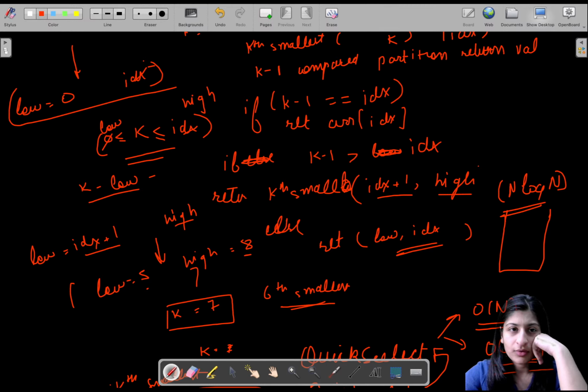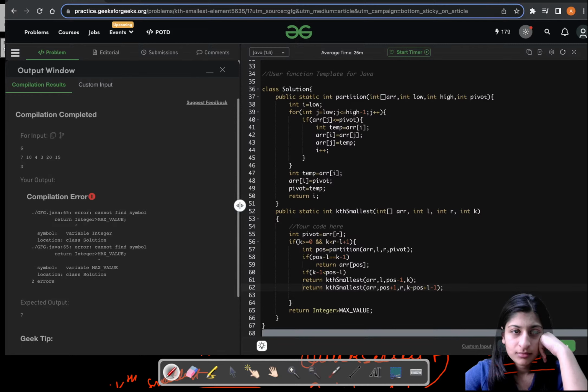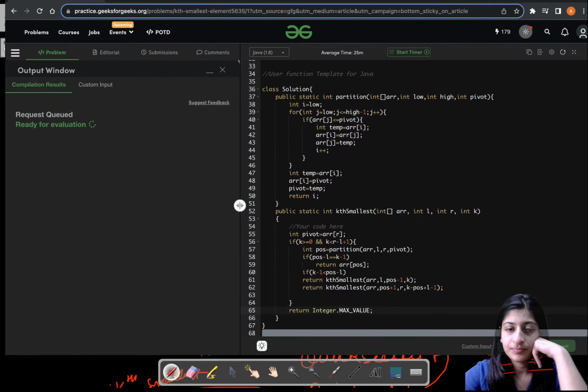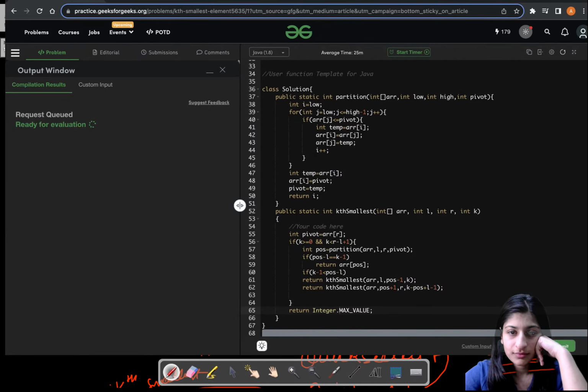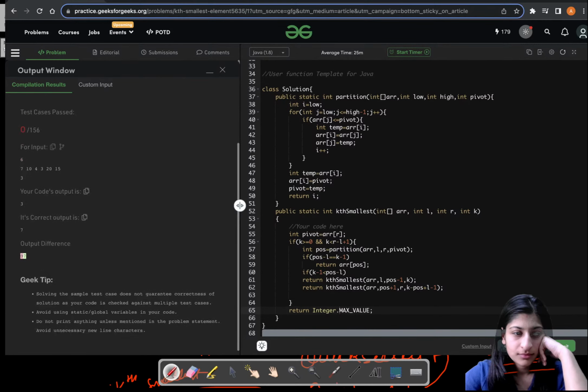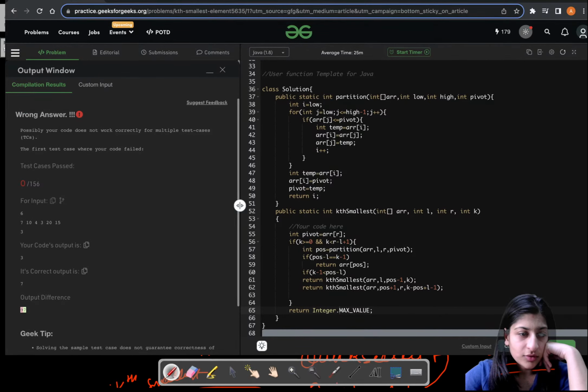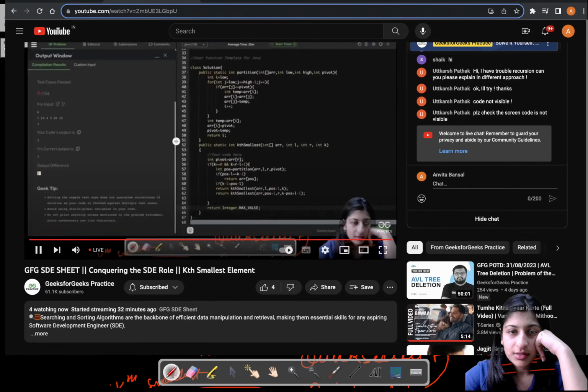Please check the screen, code is not visible. Oh sorry, you guys are not able to see the code. Give me a second. I will explain what we have done here. So there is some mistake here, let me check. Your code's output is 3. What is the issue? Are you guys able to see the screen now?